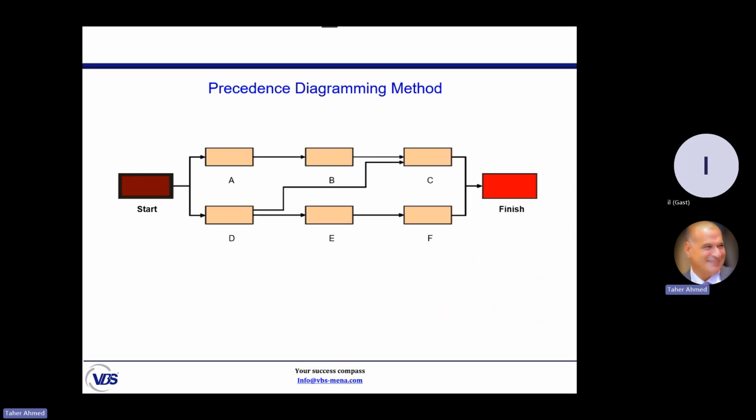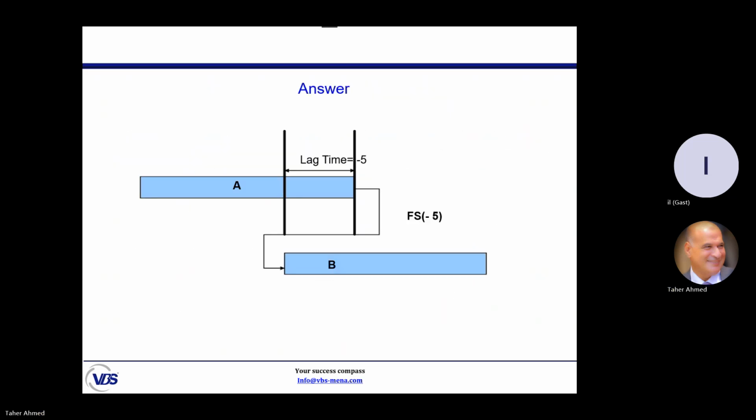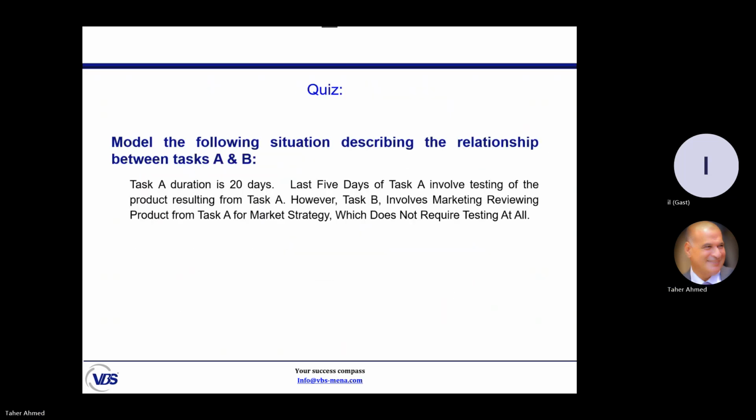Look at this exercise, read this question. Try to model it, if you have a paper. This is a scenario between two activities. Activity A, duration is 20 days. The last 5 days of task A involve testing of the product resulting from task A. It means that the whole 20 days is to complete the product, and the last 5 days is to test the product after completion.